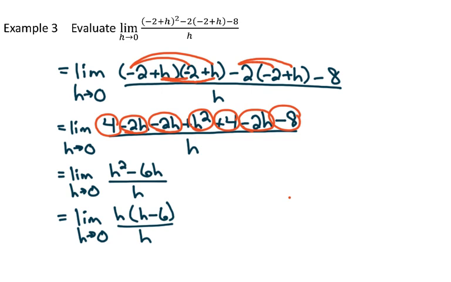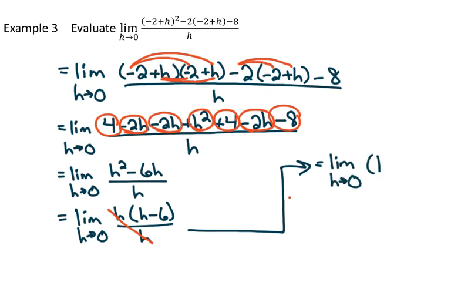But what that allows us to do is to now cancel these h's. Leads us to the limit as h approaches 0, now of h minus 6. Now we can actually substitute that 0 in for h, not get a 0 on the bottom because we've eliminated that.